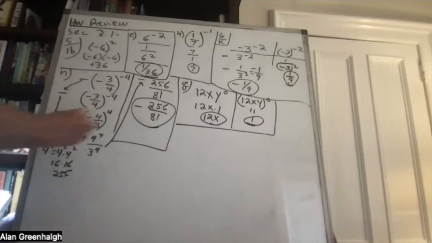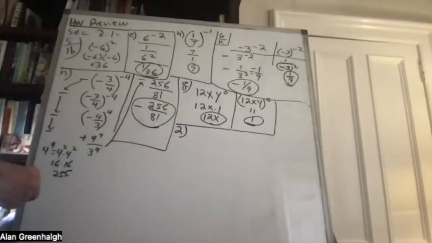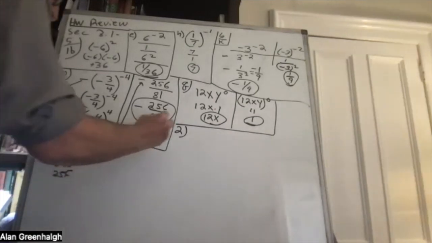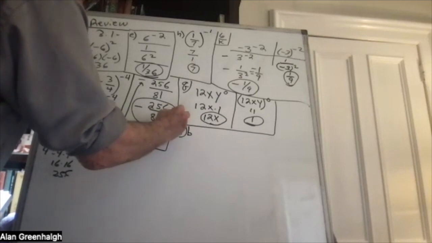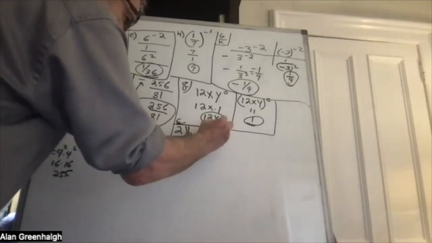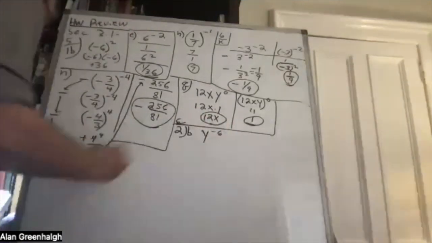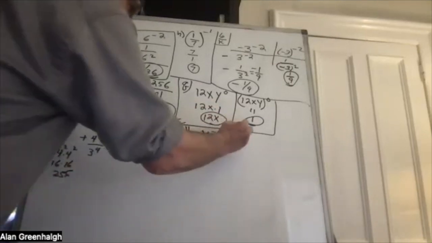Okay. And then we have question 2 on page 6, problem B, y to the negative 6 times x to the 8th.